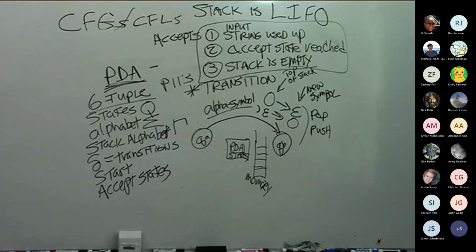Then if it got through the string, but it's not in an accept state, then it didn't accept. But if the input is used up, it got to an accept state, the third thing it has to have is that the stack is left empty at the end. We'll see how that works, but most often there's a final step that takes you to the accept state and at the same time empties the last items on the stack.